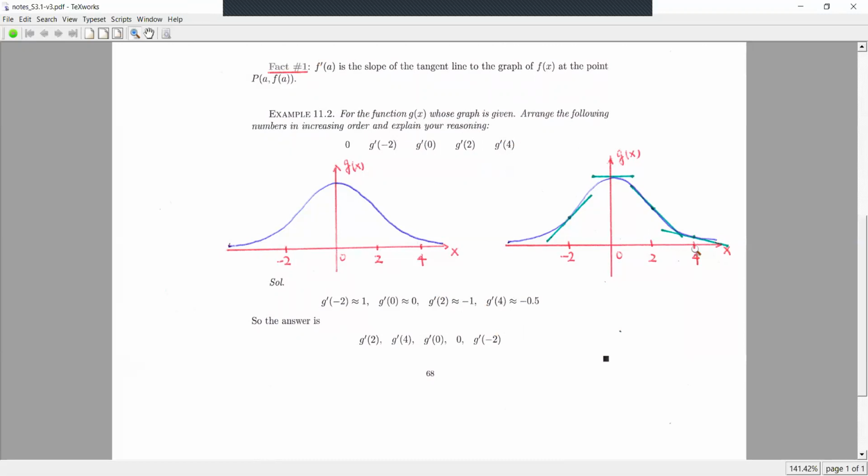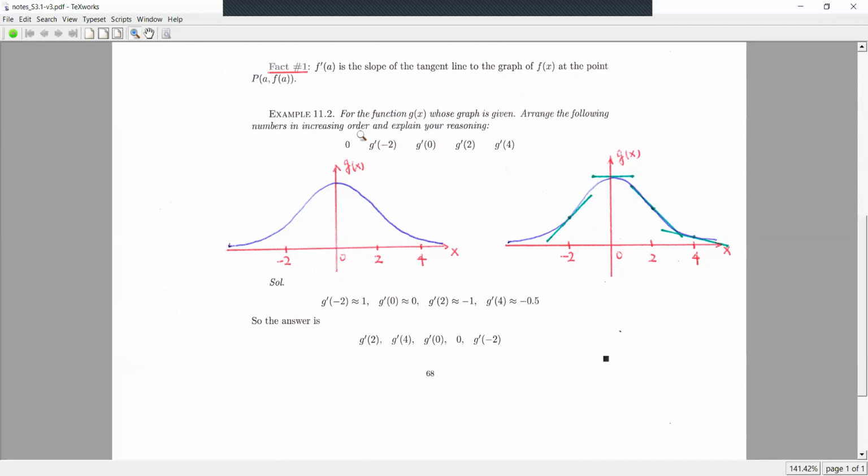So I draw the tangent line at point 4. Then take a guess on the slope of this line. My guess is about -0.5. Therefore, the derivative of the function at 4 roughly is -0.5.